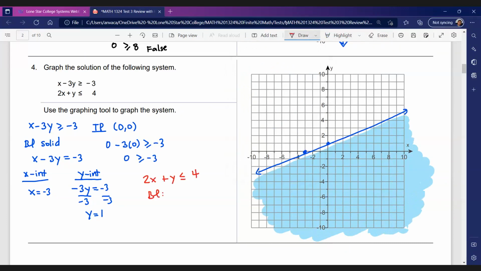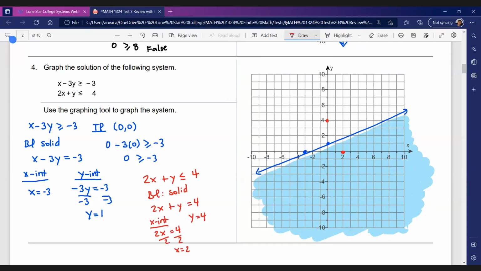The boundary line, once again, it seems like I'm only picking examples that have solid boundary lines, will be the line 2x plus y is equal to 4. The x-intercept: 2x is equal to 4. Again, completely get rid of the y term. Divide by 2, x is equal to 2. The y-intercept is just y equals 4.